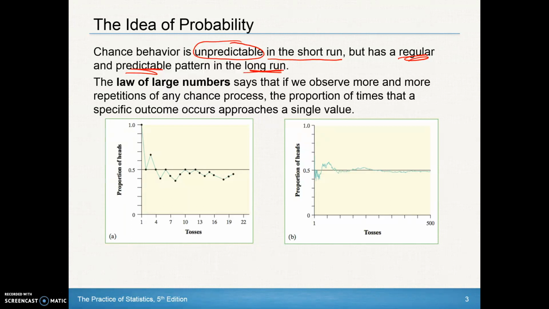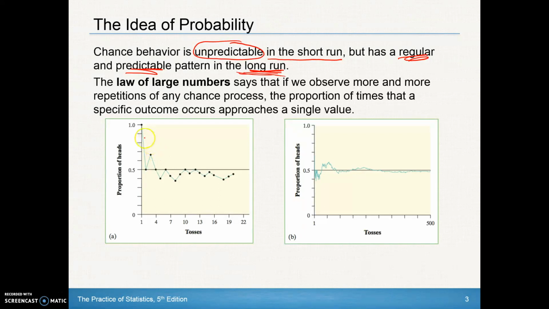But in the short run, if I only flipped a coin 6 times, it's relatively likely to get 4 out of 6 heads, which is 67% of the time. So in the short run, those short predictions, it's unpredictable. But if I flip a coin 1,000,000 times, I should get very, very close to 500,000 heads and 500,000 tails.